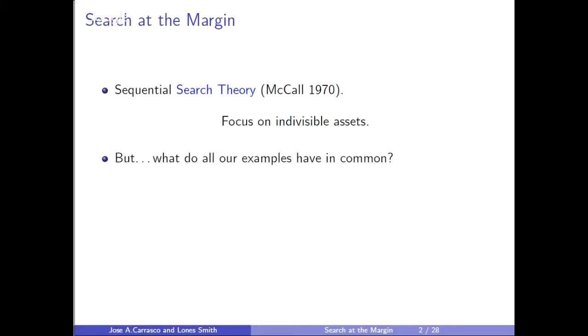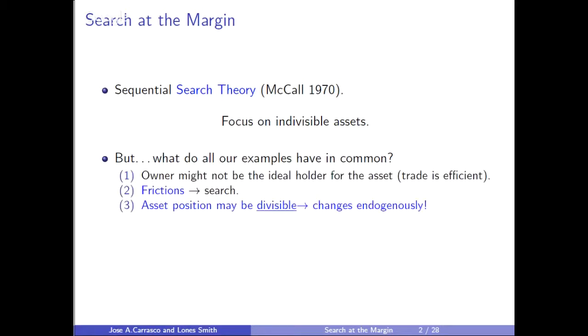But if you think about all the examples we gave, and I'm sure the examples you also thought about, what do all of those examples have in common? Many things, but at least three. One is the fact that there might be someone else that values the good more than you do. In the case of a failed collateralized lending, if I'm the lender, I don't really want to have the asset. Instead, I want to sell it.